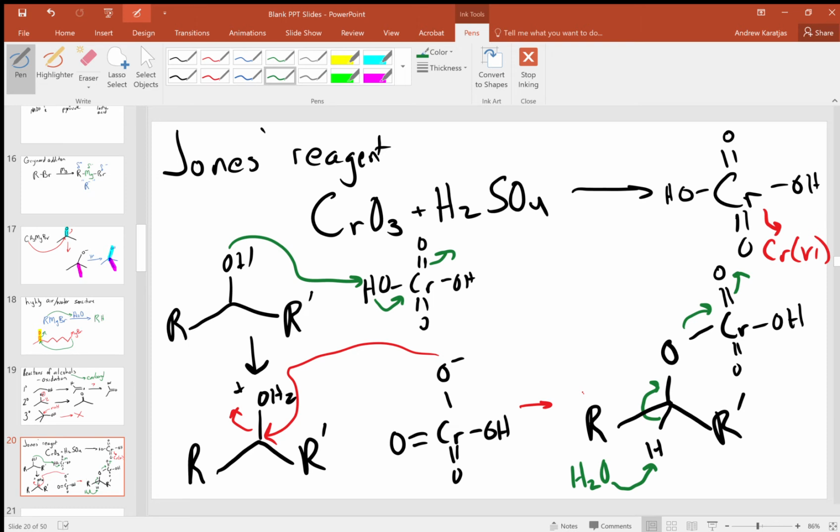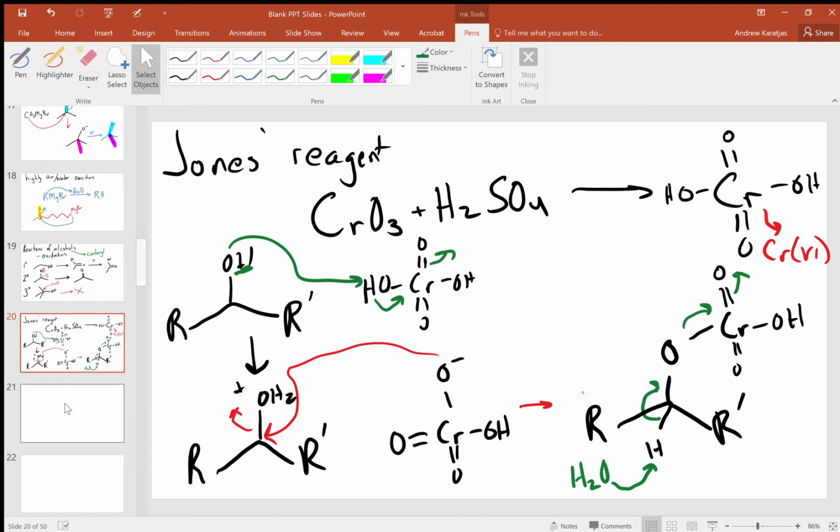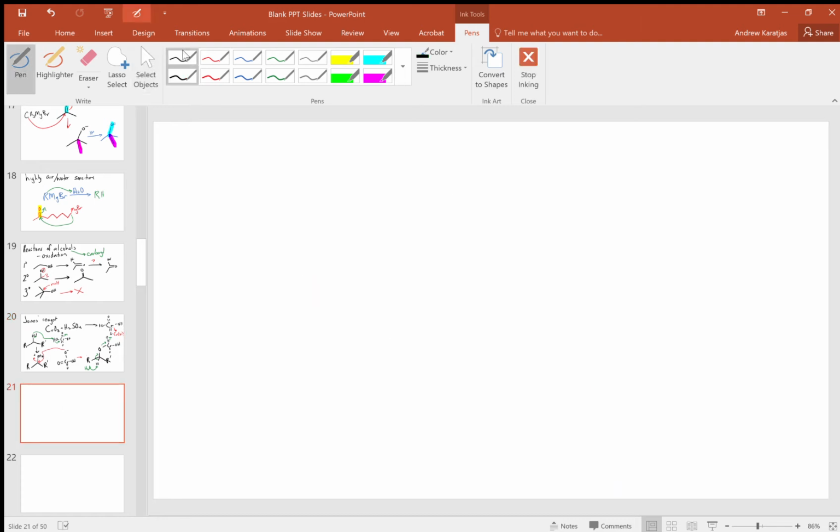And this is also why we needed the chromium on there, because if we tried to do that over here with the alcohol, that OH minus, of course, is a terrible leaving group. But by replacing it with this chromium piece, we've made it into a much better leaving group. And so we form our product, the carbonyl, plus our chromium byproduct.